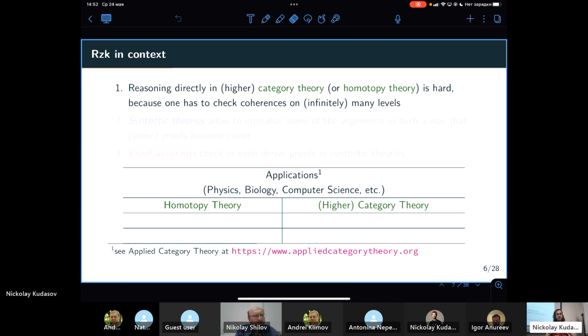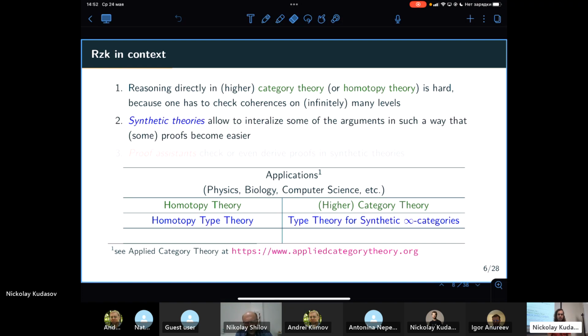And in higher category theory, these coherences can spread to many levels, including infinitely many levels. And of course, to check all of those coherences on these many levels requires some ingenuity. Again, I'm not an expert in analytic category theory, but as far as I understand, this is really hard to do. People, of course, still do this, but this is one of the problems.